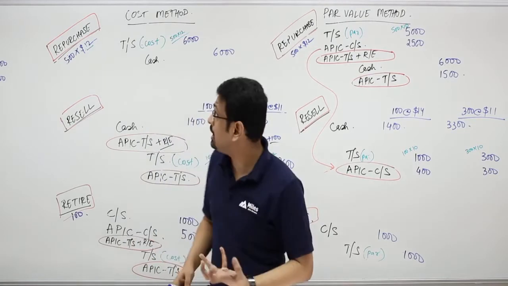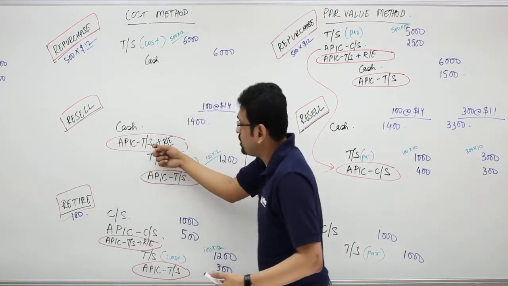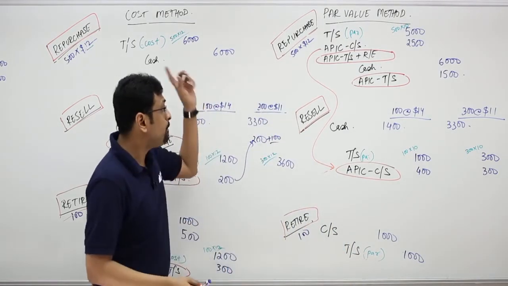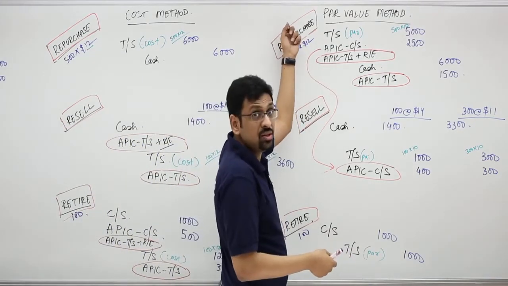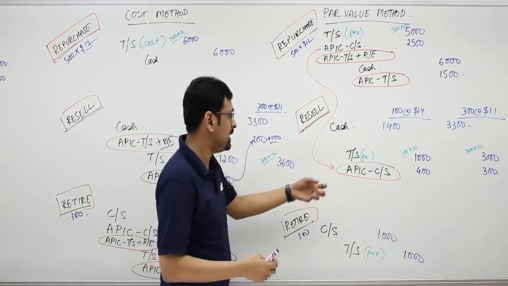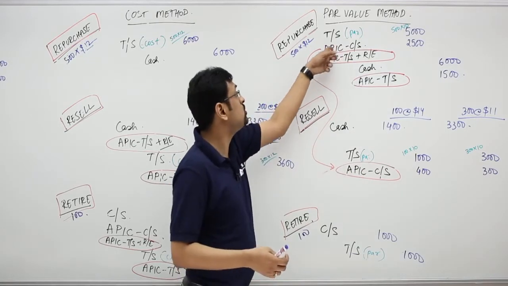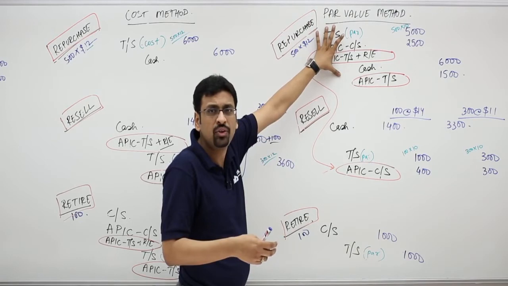Now, looking at the plugs, when you're using cost method, the plug is APIC treasury stock when you're reselling or retiring. When you're using the par value method, the plug is APIC treasury stock the moment you repurchase it, and if you resell, your plug is APIC common stock because you have hit APIC common stock the moment you repurchased. It's sort of like retirement of stock entry.